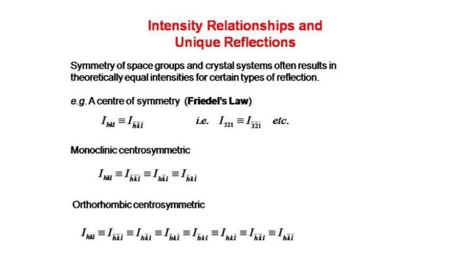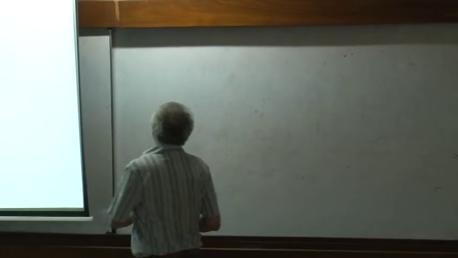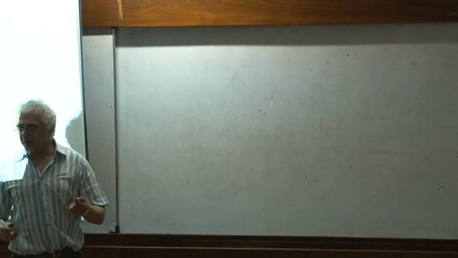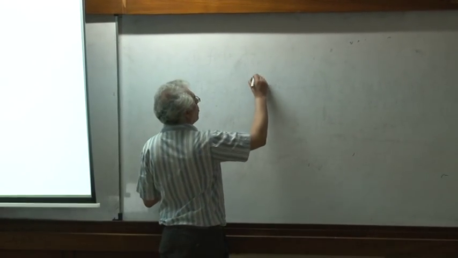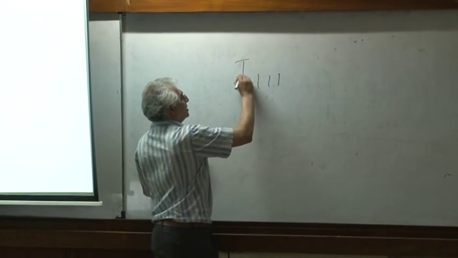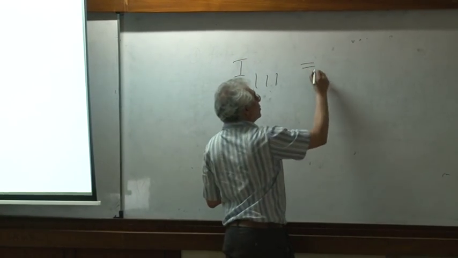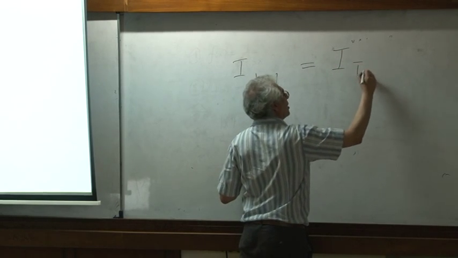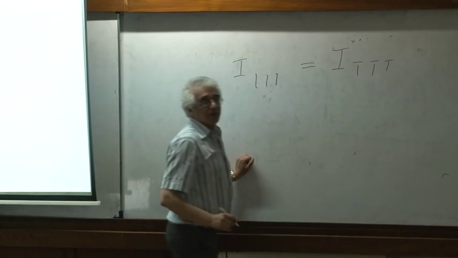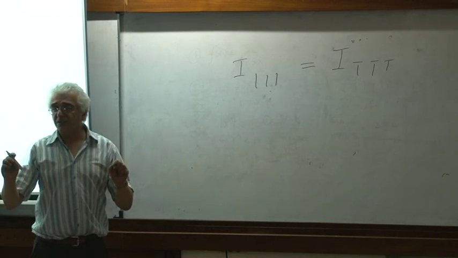You can have, for example, 2 molecules in the unit cell which are non-centrosymmetric molecules, but within the crystal structure are related by a center of symmetry. So it doesn't happen often, but it does happen. So in those cases, the intensity of 111 is going to be equal to the intensity of -1, -1, -1. They have equal intensities.